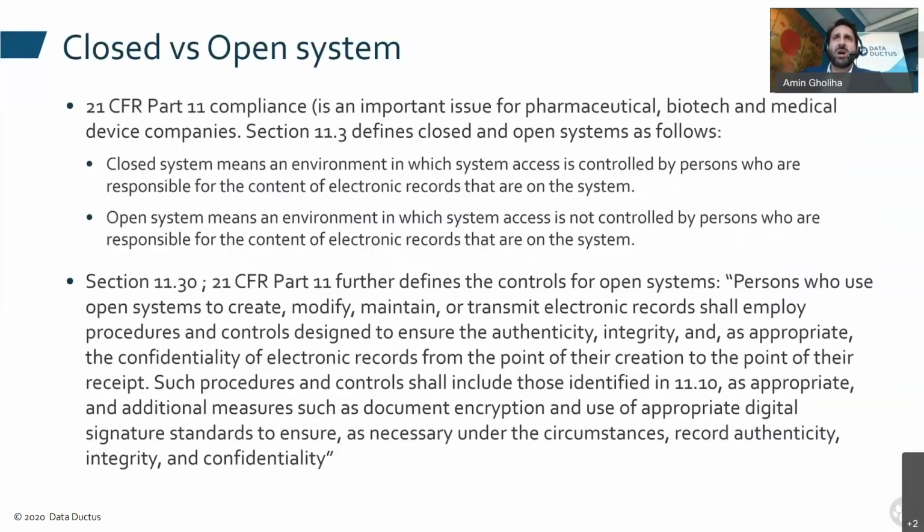If you allow your system to be accessed by anyone where you cannot control who they are, and you cannot give them access and identify who they are and what they do, then it's actually an open system. But if you can manage and secure the system from a security point of view and make sure that nobody can access the system without the access being given to them, where you can identify who it is, then you can say that the system is closed, basically.